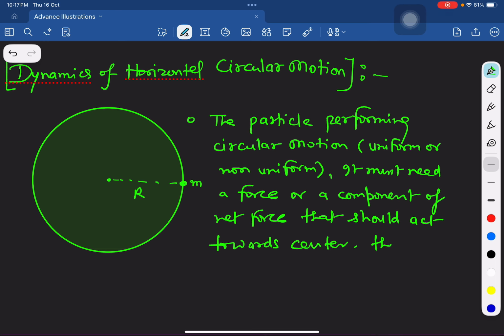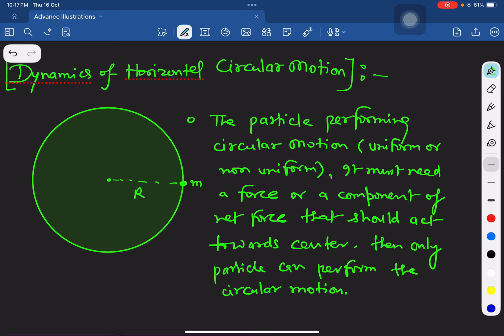Then only the particle can perform the circular motion. This is the simple idea of the dynamics of circular motion.